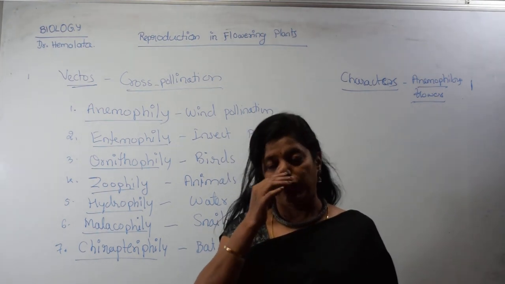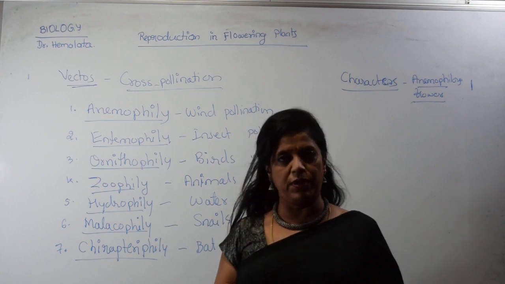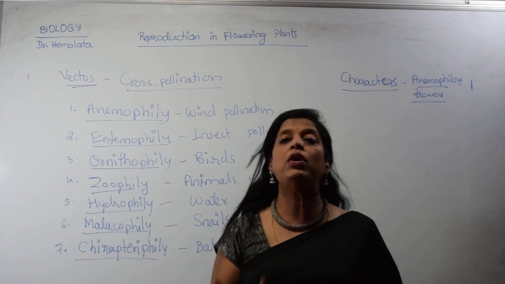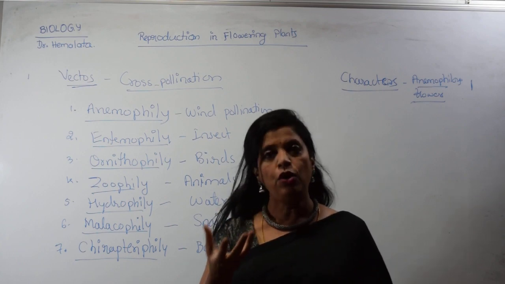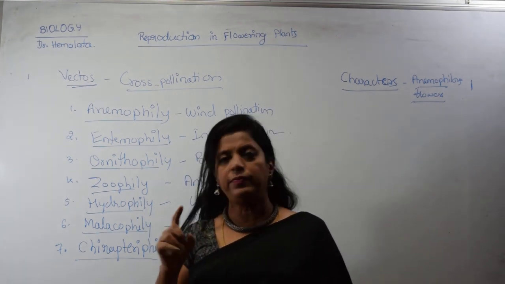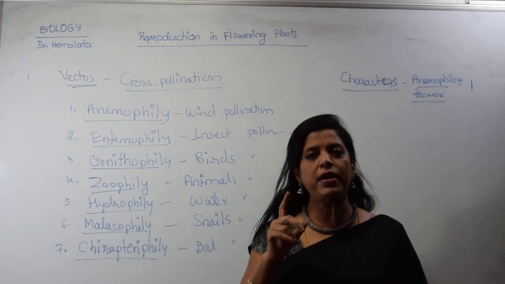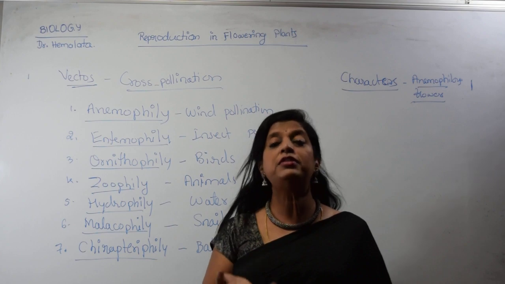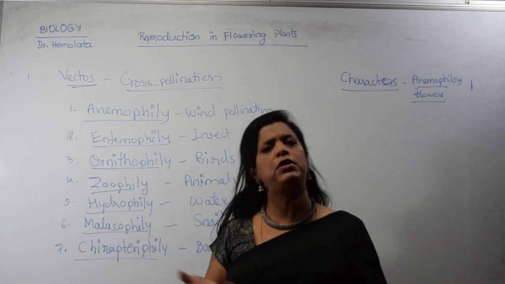Just because wind pollinating flowers have to adapt themselves to release their pollen grains in air. So what should they do? First thing, because there is no guarantee in pollination, they should produce the pollen grains in enormous numbers.